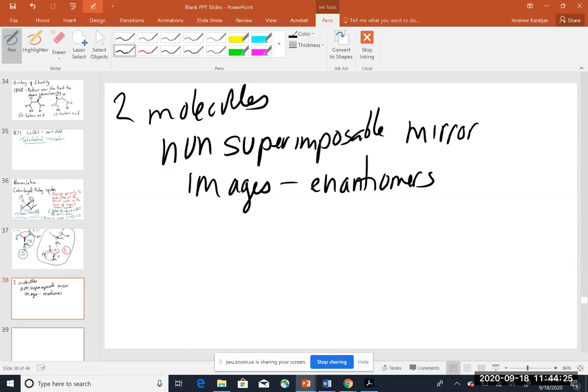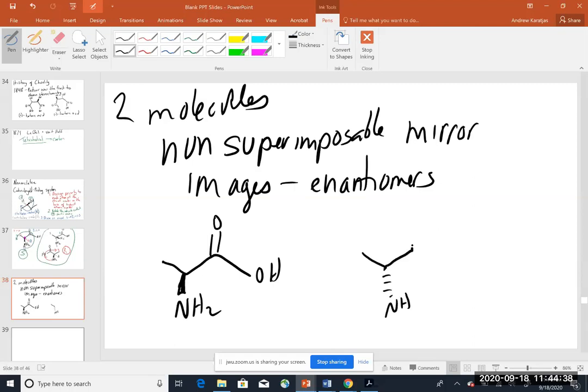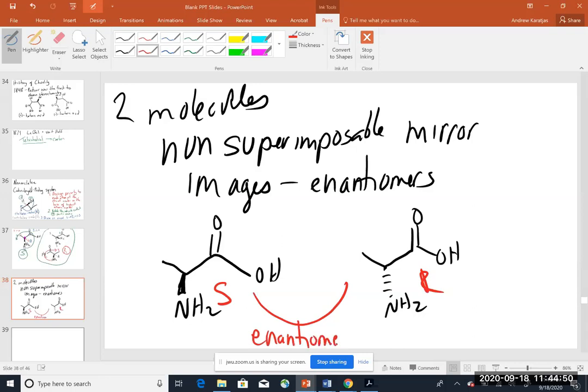And so these two molecules that we just drew, this was S, this one was R. These two molecules would be known as enantiomers.